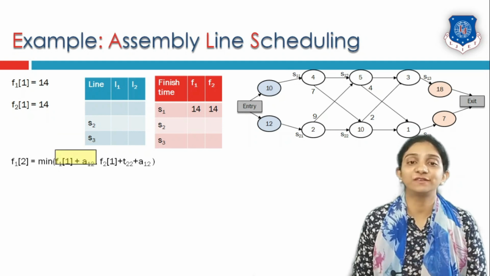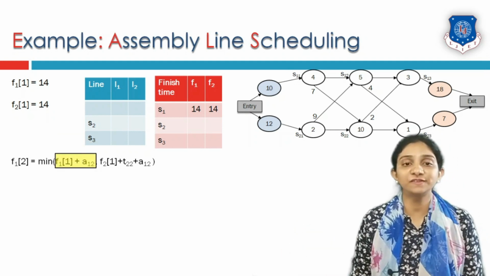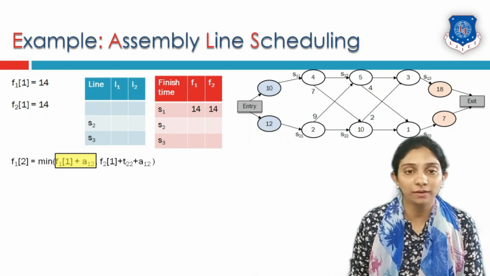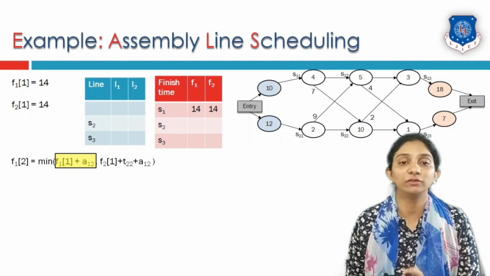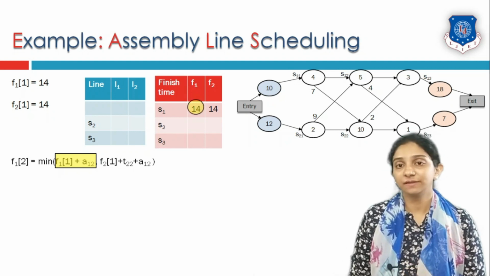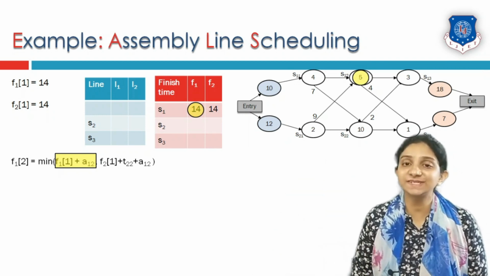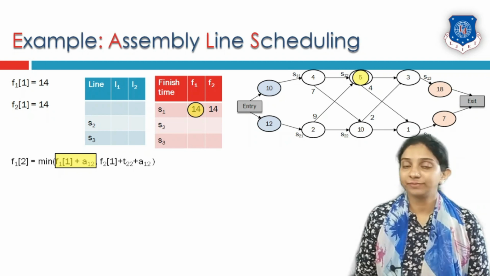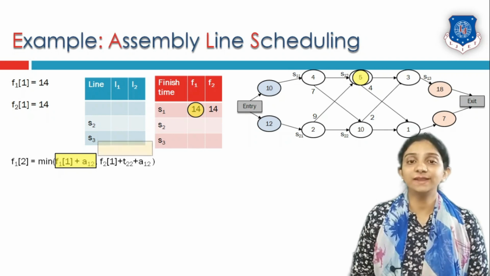Now let us understand these terms. Inside the minimum function, our first term says finish of line 1 station 1 plus processing time of line 1 station 2, that is 14 plus 5.